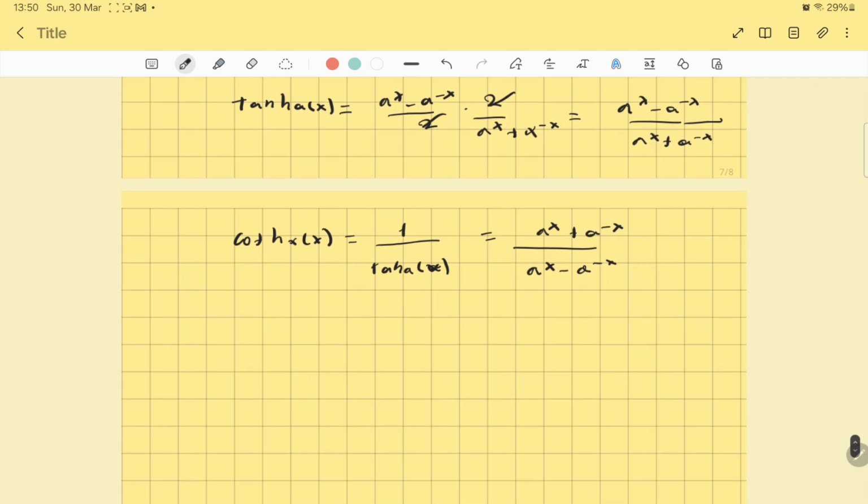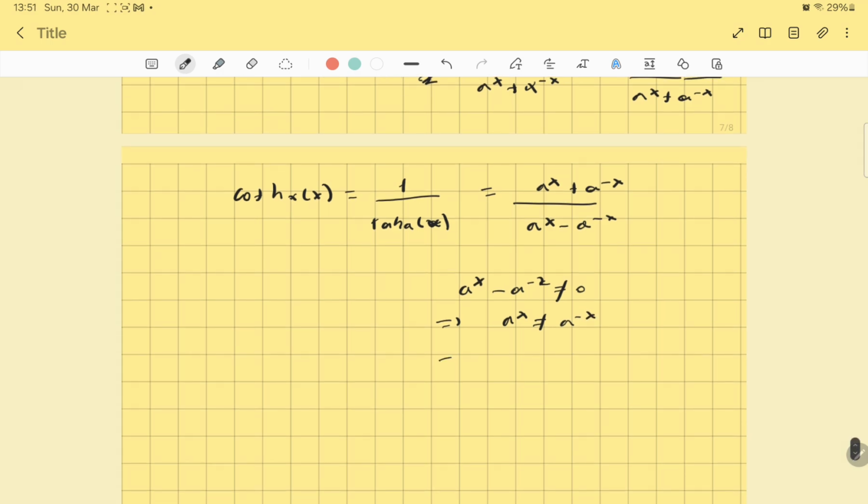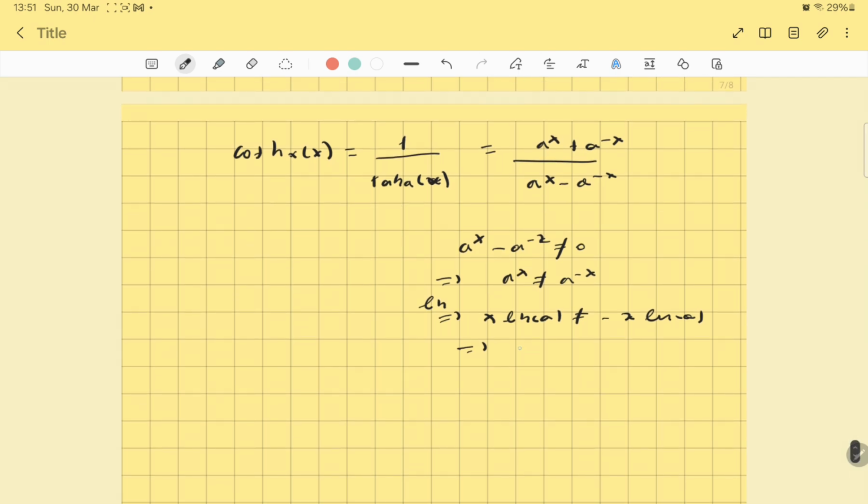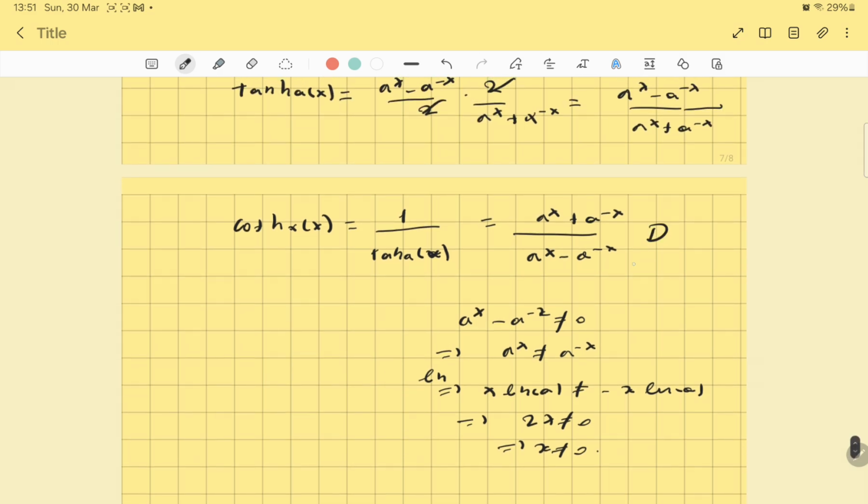And here the denominator, of course, should be different from 0. So the domain of the function is all the values except the value of 0.